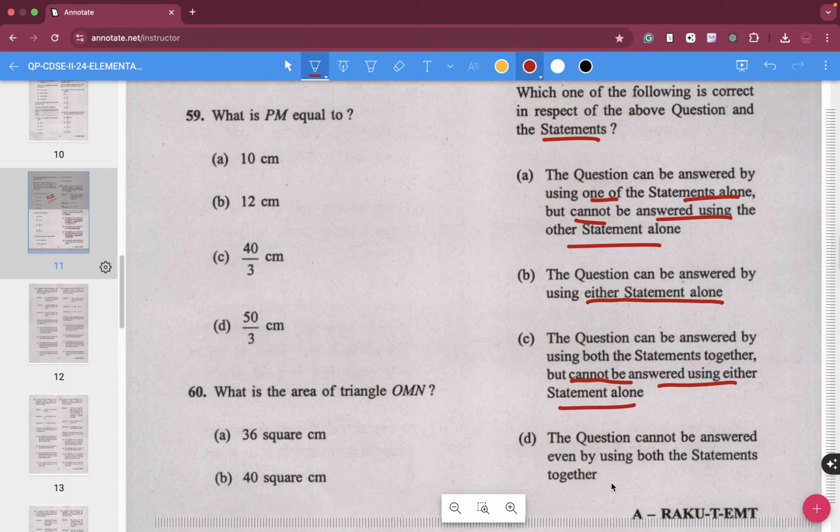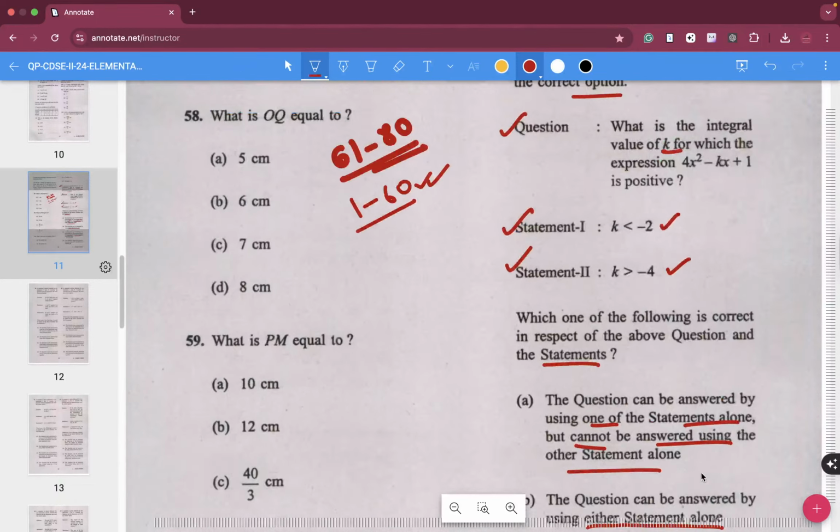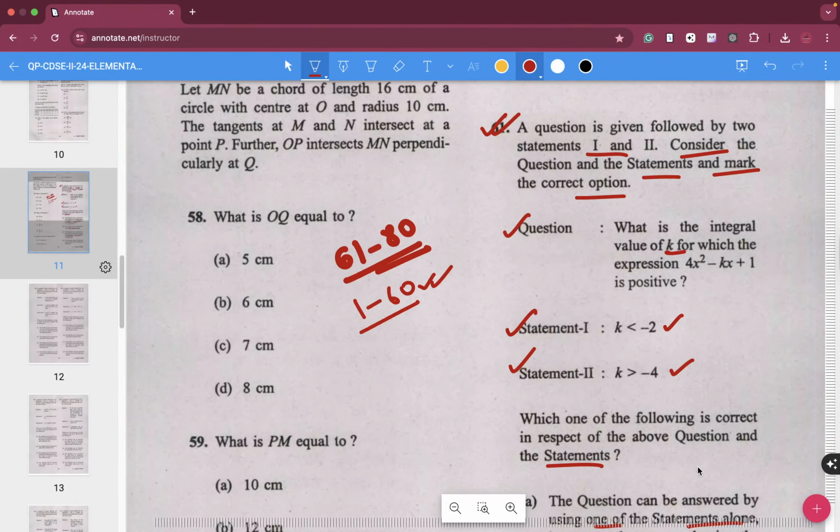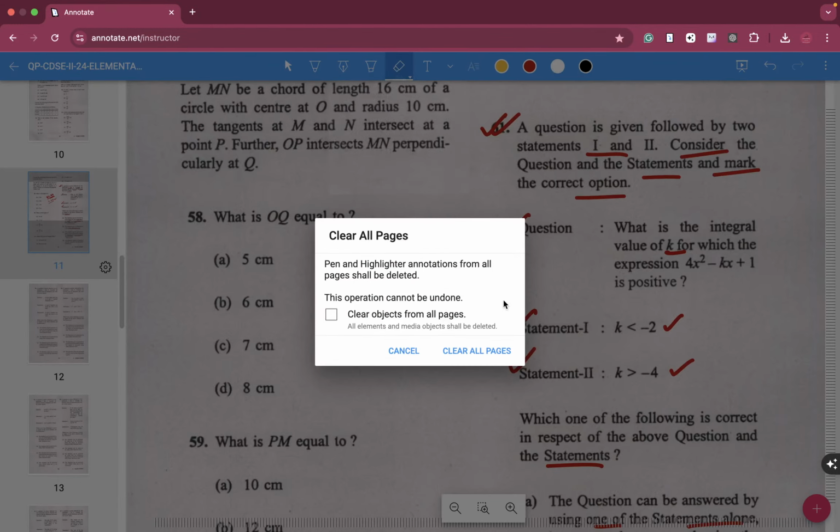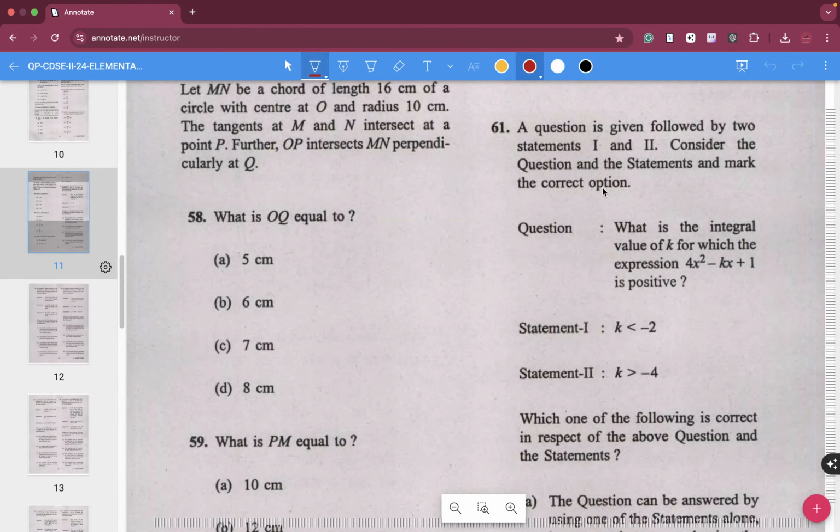Option D: the question cannot be answered even by using both the statements together. So it is always very important to read each of the options again and again, and we will see how and why it is very critical to read the options in a statement type question.